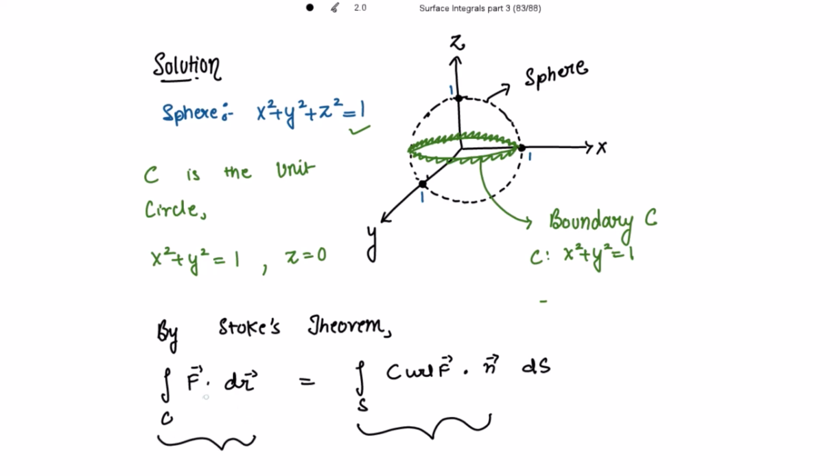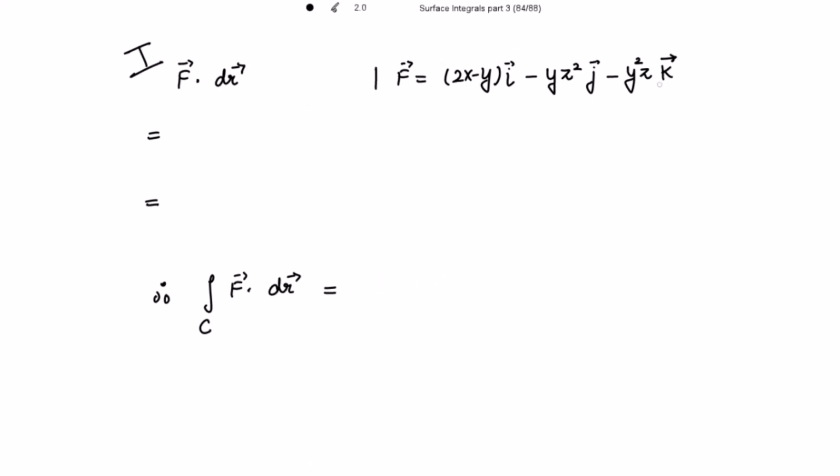Okay. So first finding the dot product of f vector with dr vector. I have this given f vector. So writing here f vector: this is (2x minus y) i vector minus yz² j vector minus y²z k vector, taking its dot product with dr vector.